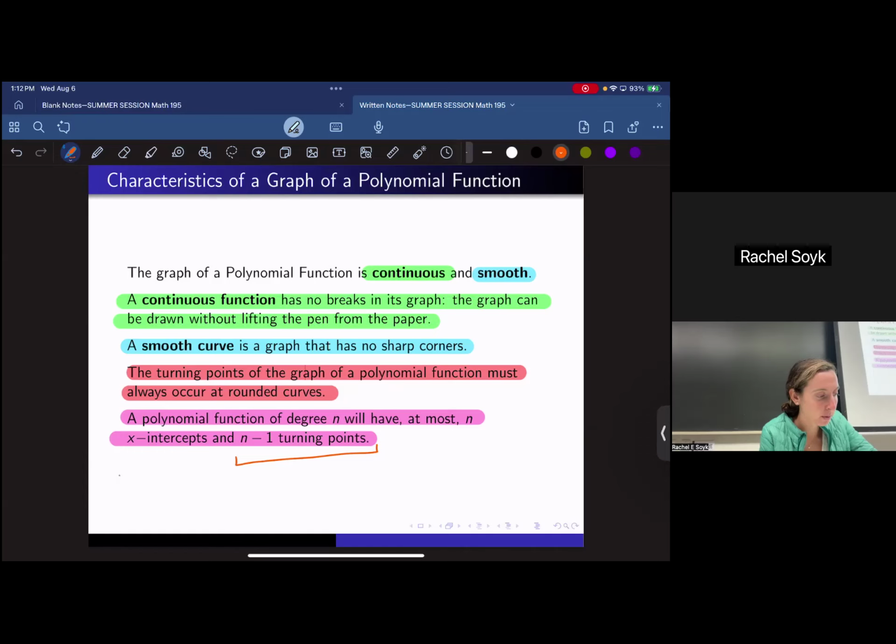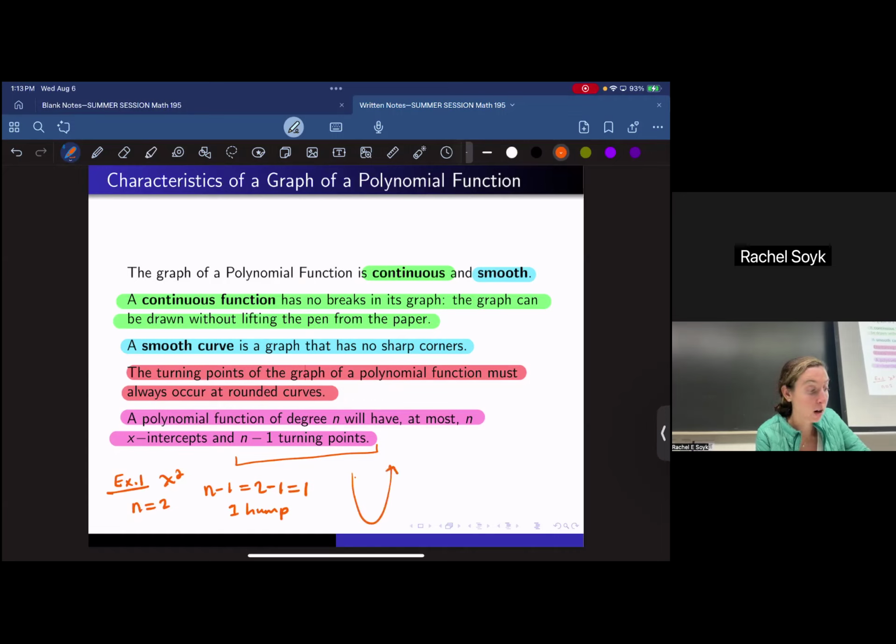For example, if you have a quadratic function x squared, your n value is 2 here, and so n minus 1 is 2 minus 1, which is 1. That tells us we have 1 hump or bump, whatever you want to call it.